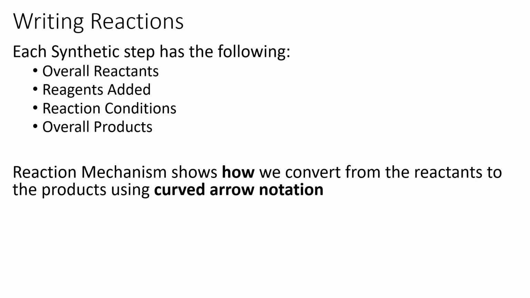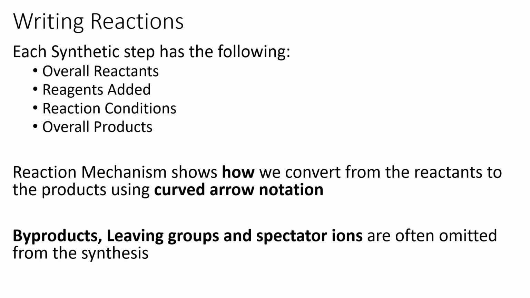These reaction synthetic steps are very different than the reaction mechanism. Remember that the reaction mechanism is going to show us how we convert from the reactants to the products or intermediates. And those will always use those curved arrow notations to show us how the electrons are moved as we go through. We may have multiple mechanistic steps for any one synthetic step in a reaction.